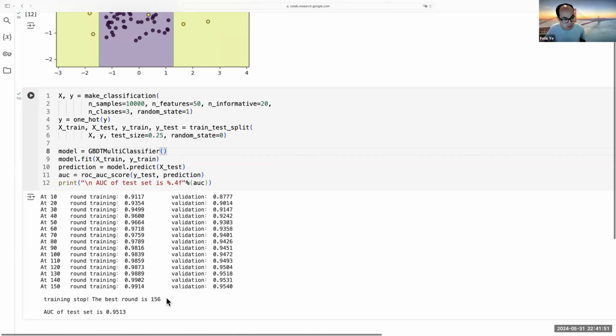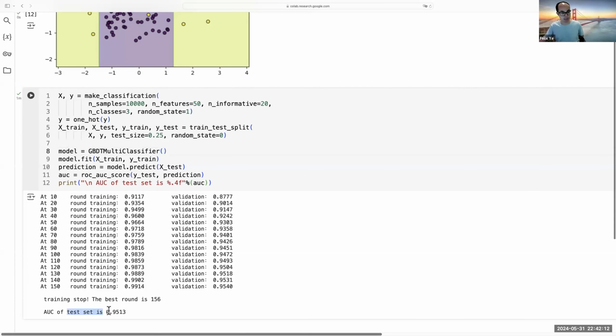You can see it actually stopped at 156 rounds, and at this point the training accuracy is 0.99, almost 100%. The validation is getting about 95.4%.